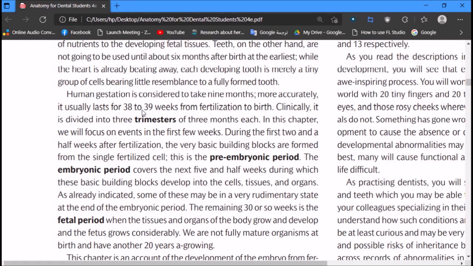Otherwise, each cell type would be equally as numerous. Your teeth would be the same size as your brain. The rate of mitosis in one tissue also needs to be coordinated with the cell division in another tissue so that structures develop in harmony.